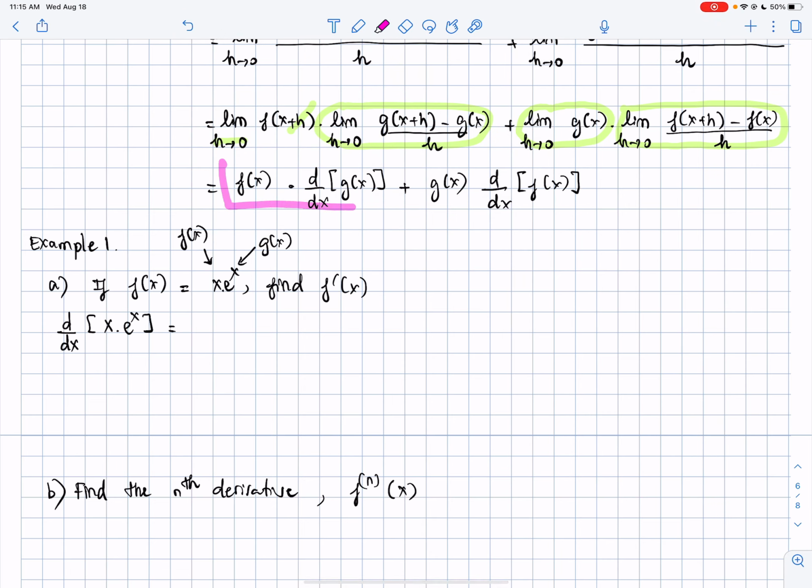So we're going to apply this. That would be f of x times the first derivative of g of x, which is e to the x, plus g of x, e to the x, times the first derivative of f of x, which is x.